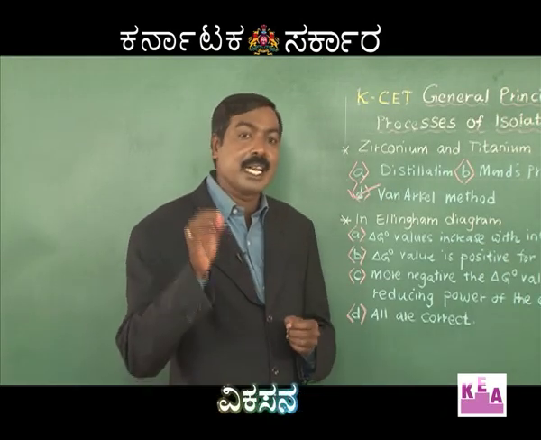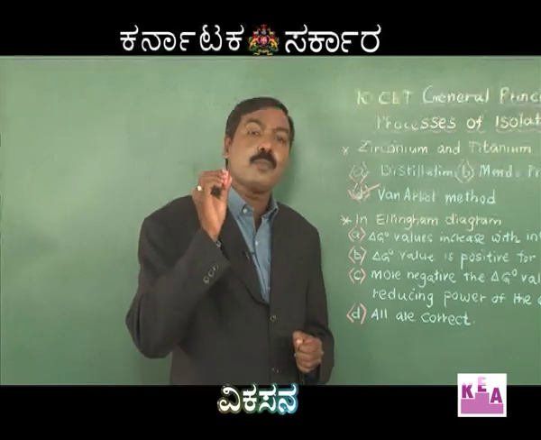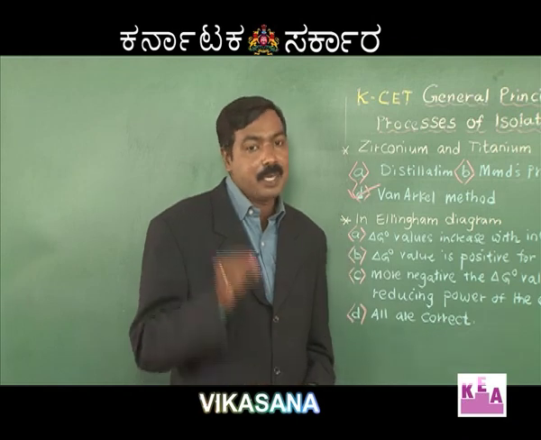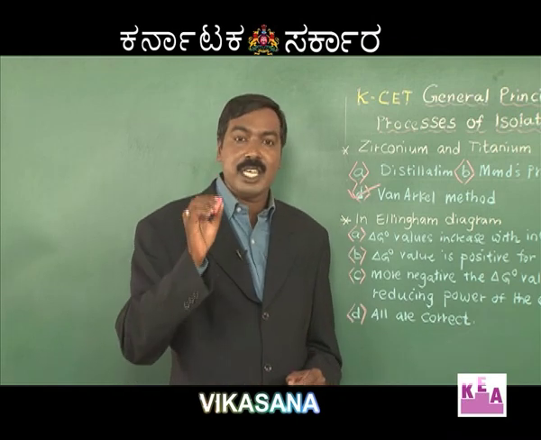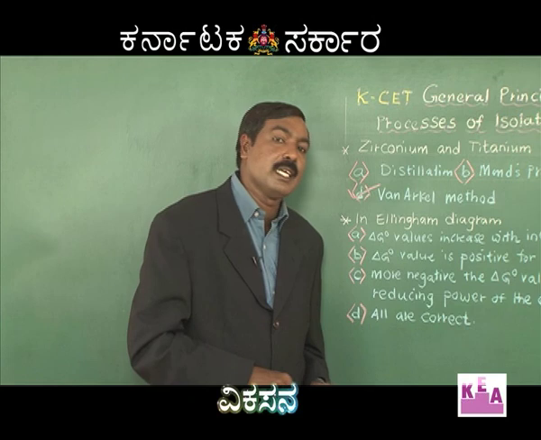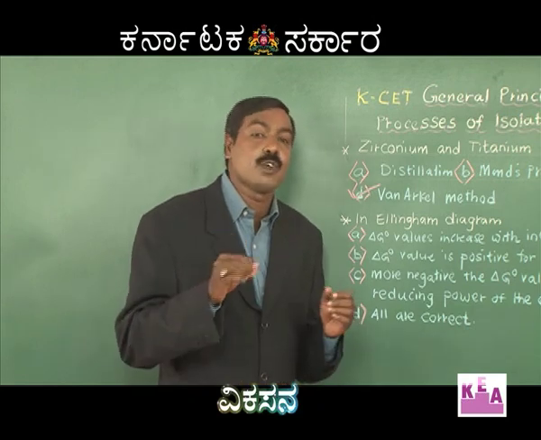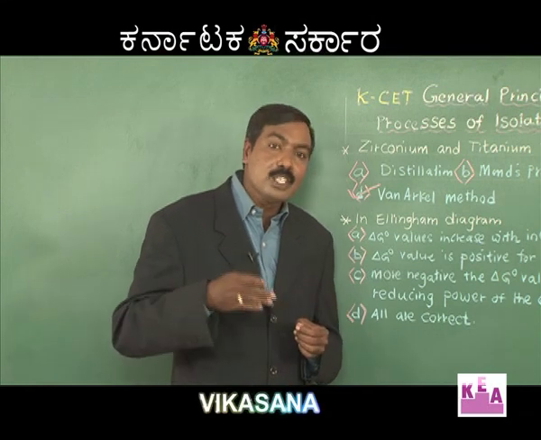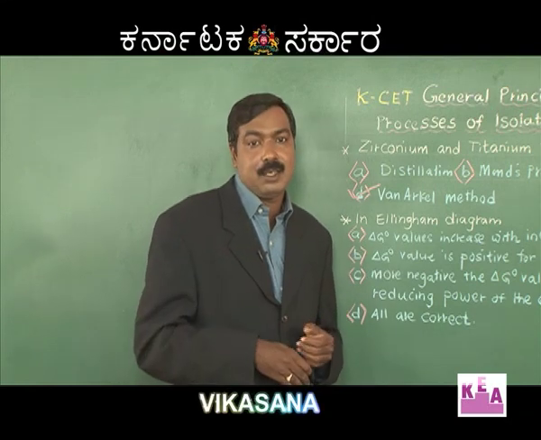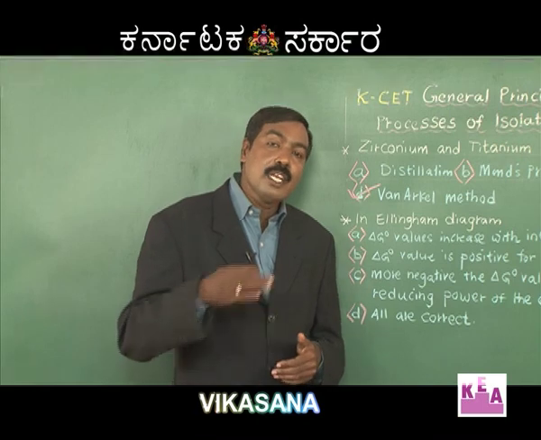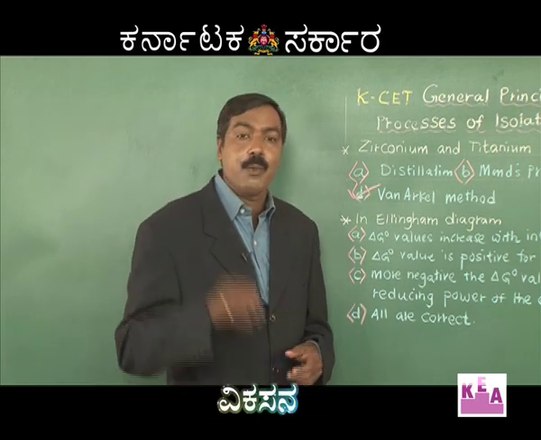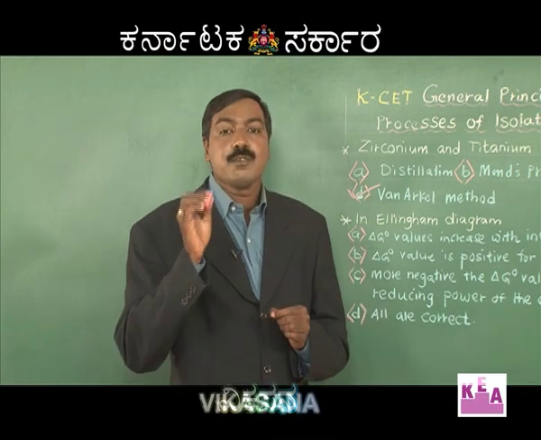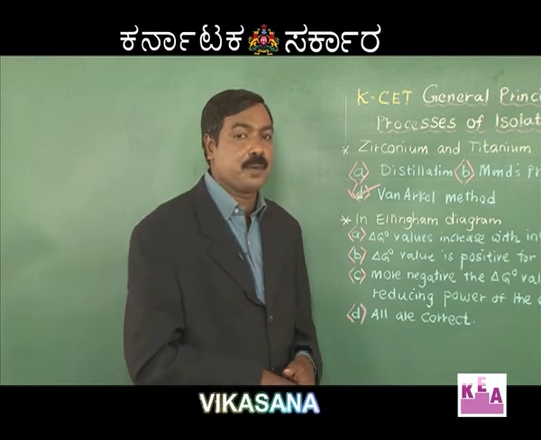At a particular point where there is a change in the slope of the line, the substance undergoes transformation. Meaning, all this while it was a liquid and it tends to become a gas, or all this while it was a solid and it tends to become a gas. Therefore, wherever there is a change in the slope of the line, it undergoes phase transformation.